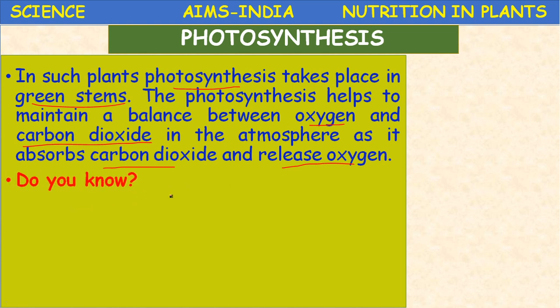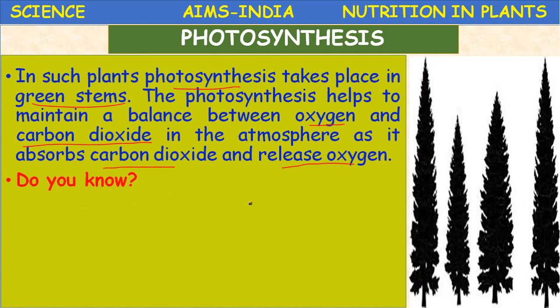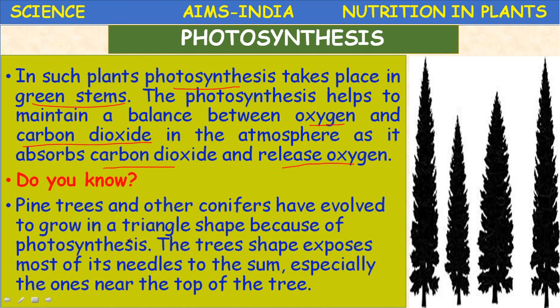Let us know some interesting facts about plants like pine trees. The pine trees and other conifers, plants which live on the hills, have evolved to grow in a triangular shape because of photosynthesis. They are evergreen plants.